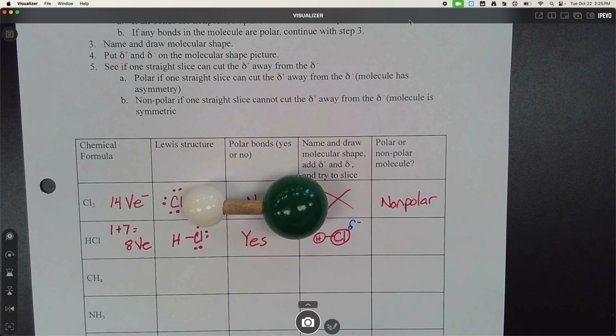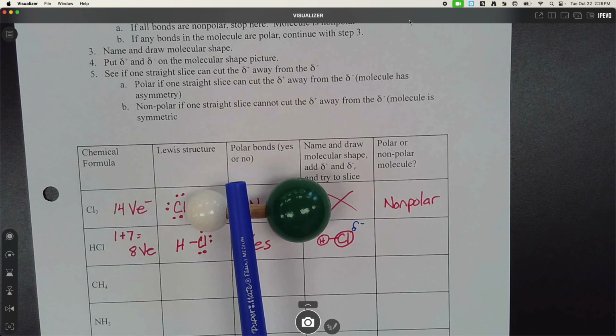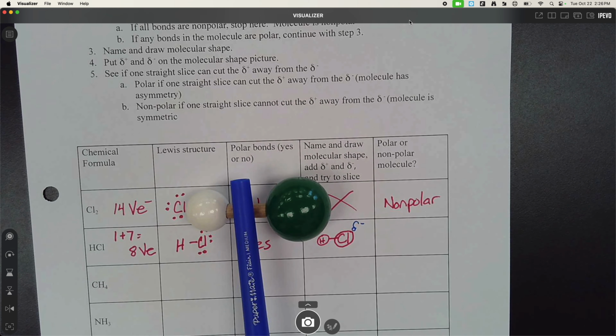It has a negative end of the molecule on the chlorine side and a positive end of the molecule on the hydrogen side. And one of the tests we're going to do for this is to try to make one straight slice that will cut the positives from the negatives. So if I come down like this, I could cut the positive away from the negative.